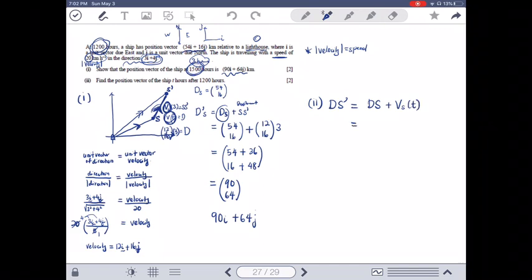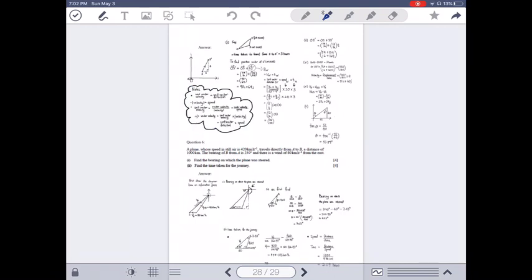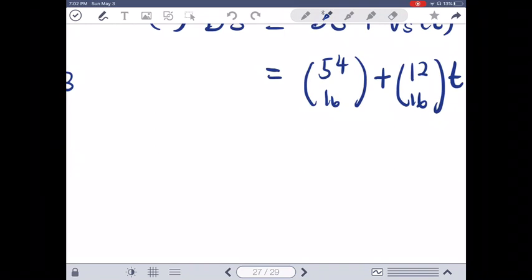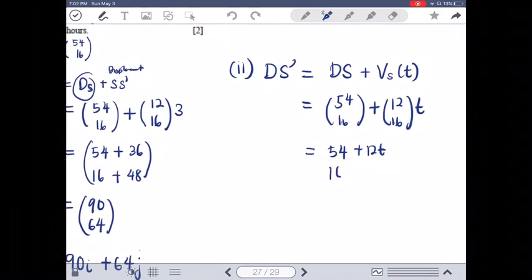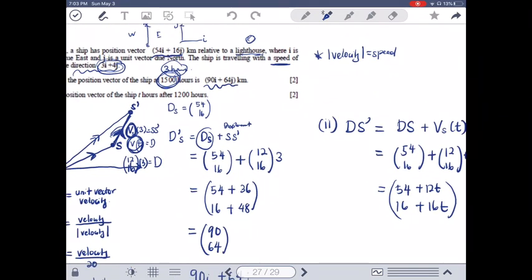So it's 54, 16 plus 12, 16 t. The final answer is 54 plus 12t, 16 plus 16t. So that is the answer for question number 2.